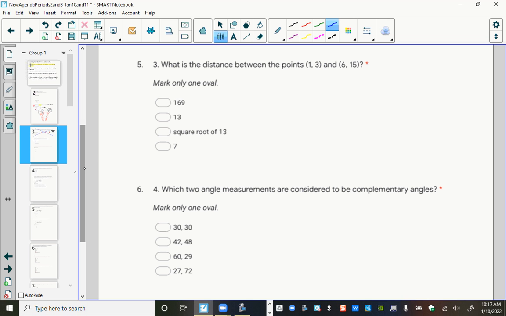Distance. On that one as well, just like the previous one, I'm not going to have you worry about it. However, you might see this on the final.